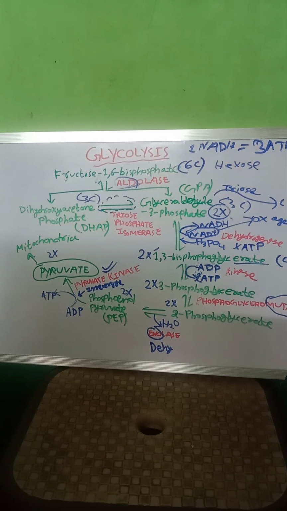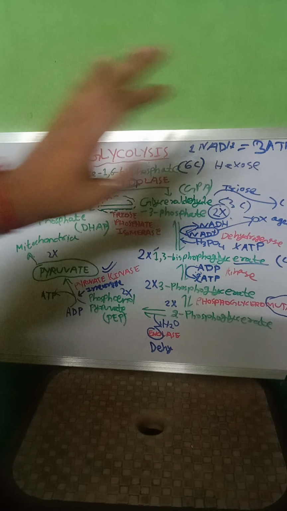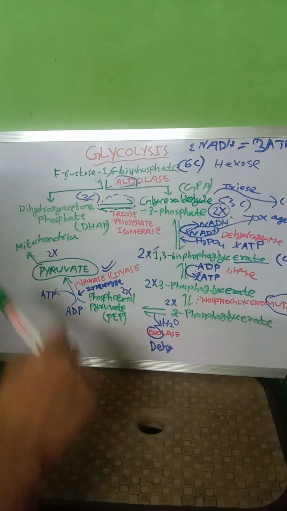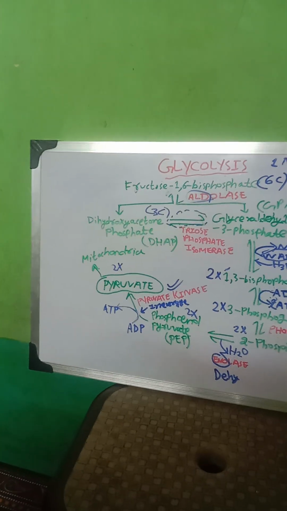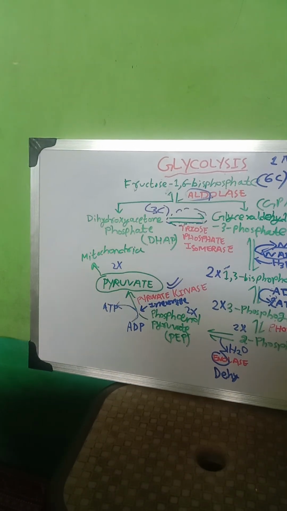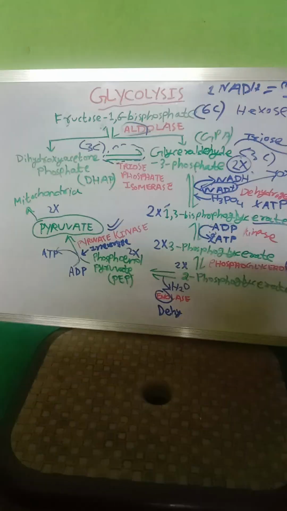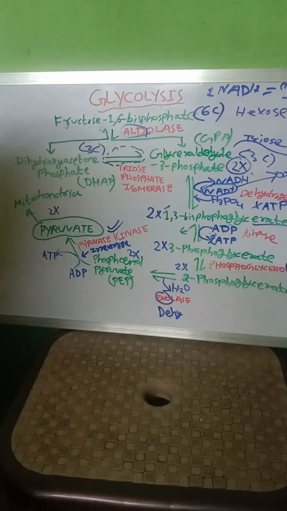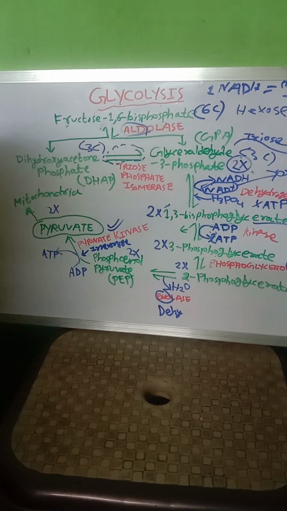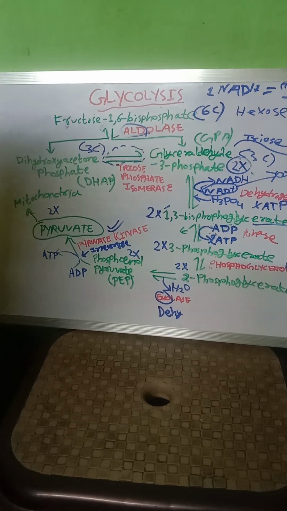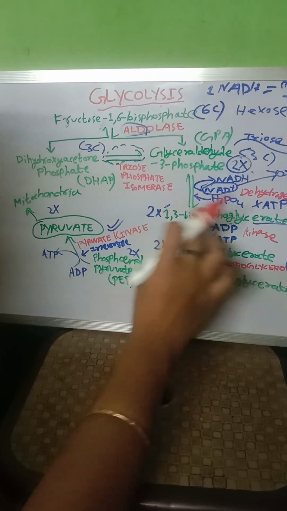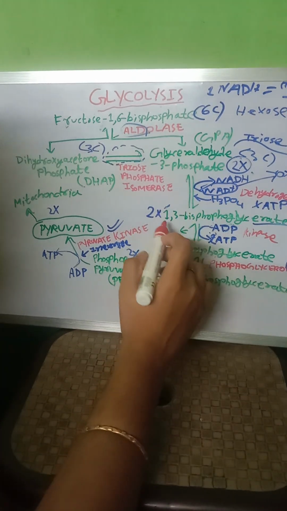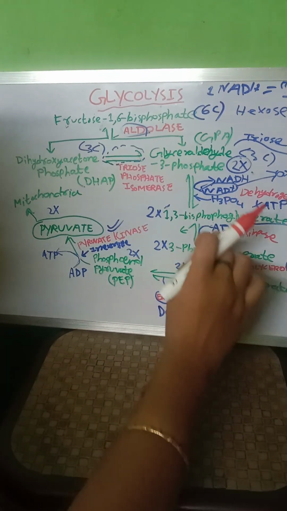Have you noted it down? Okay. Now, we'll be explaining this calculation. Please focus here. See this ATP. What is being created? I'm writing in red so you can understand it. For one 1,3-bisphosphoglycerate, we're getting 1 ATP.